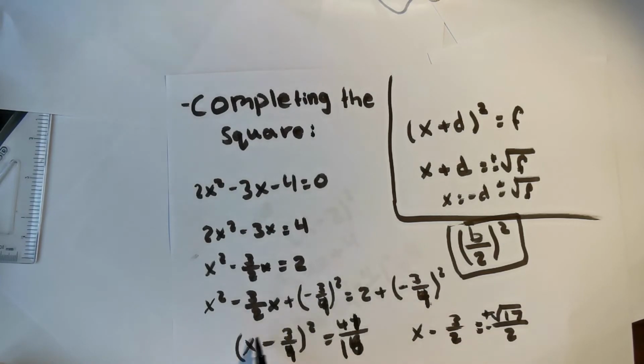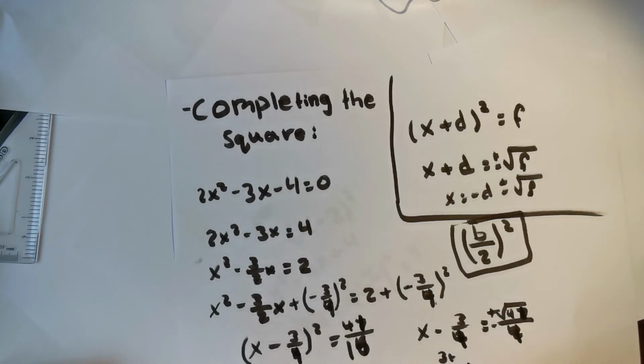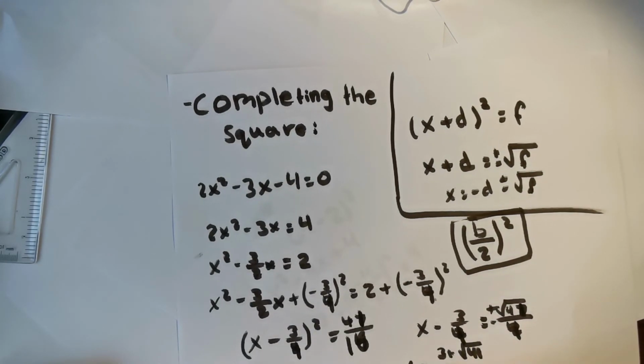So if we expand this bracket, we will get x squared minus 3 over 2 x plus negative 3 over 4 squared. And we have ended up with the same setup as shown here, x plus d squared equals f. We can, of course, square root both sides and solve for x, and we get the answer.